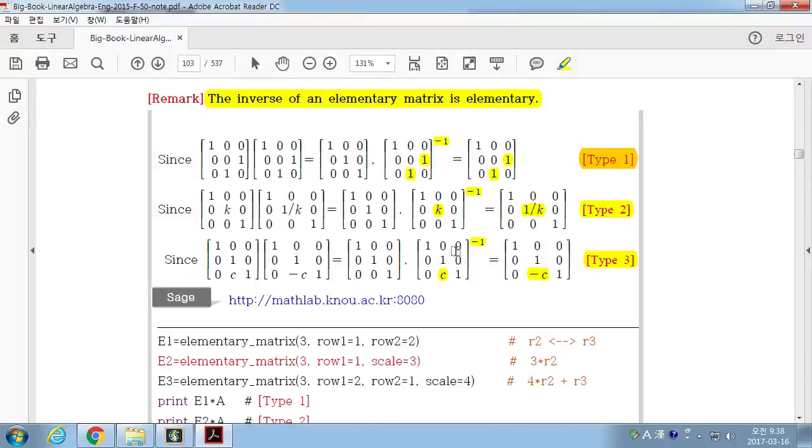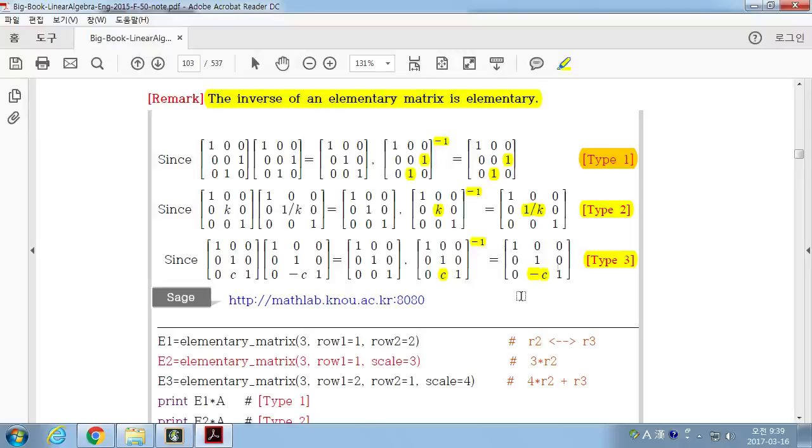Here, the inverse of a third type elementary matrix is what? All you have to do is, instead of C, use minus C on the same entry. Because you multiply C and add it to the third row, now all you have to do is multiply the same thing and subtract it from the third row, then it will become the same matrix.